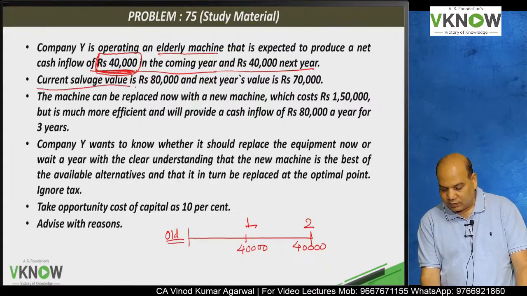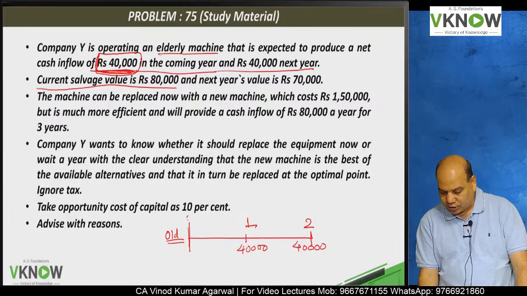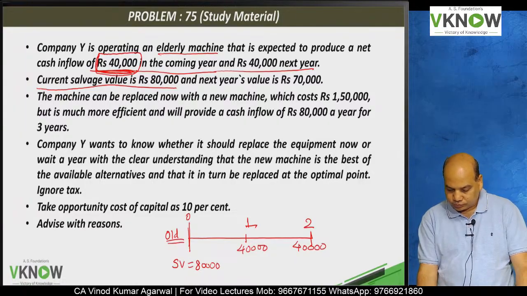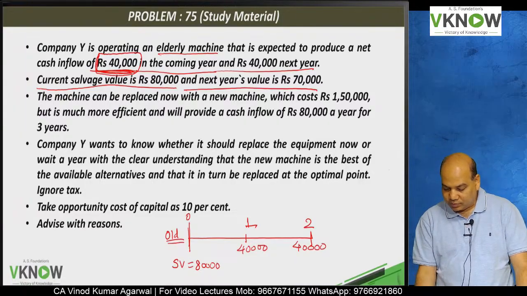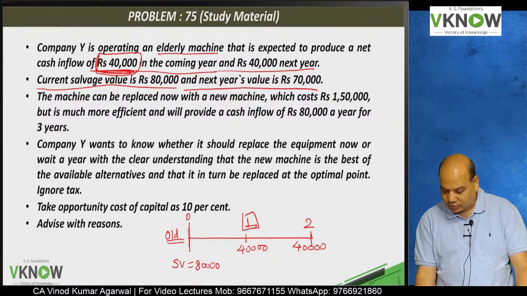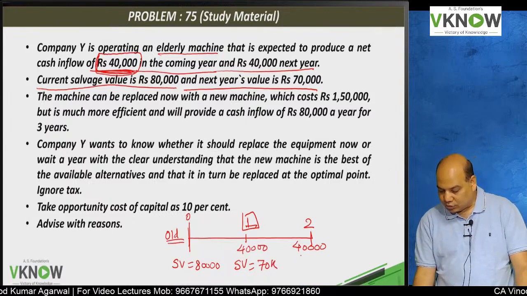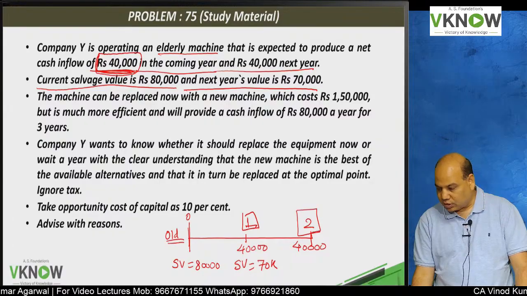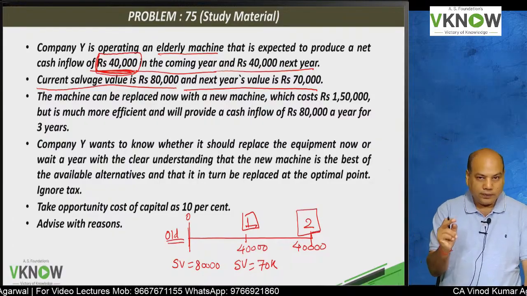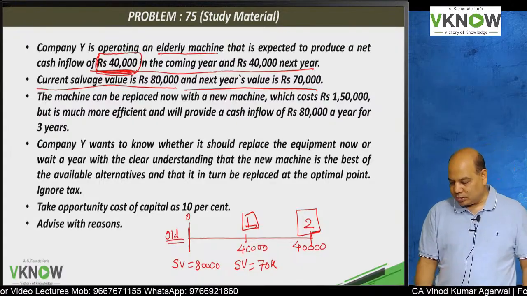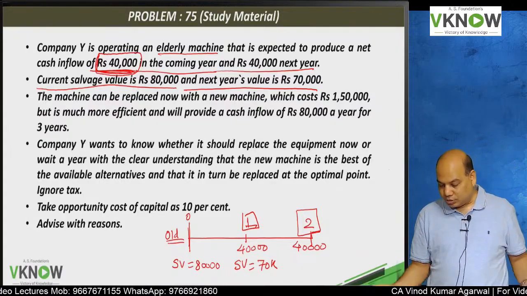The current salvage value is 80,000 if you sell it in year 0, and if you scrap it next year, at the end of year 1, the scrap value is 70,000. The question has not given the scrap value if we scrap it after 2 years, so there is either a mistake in the question or I don't know.